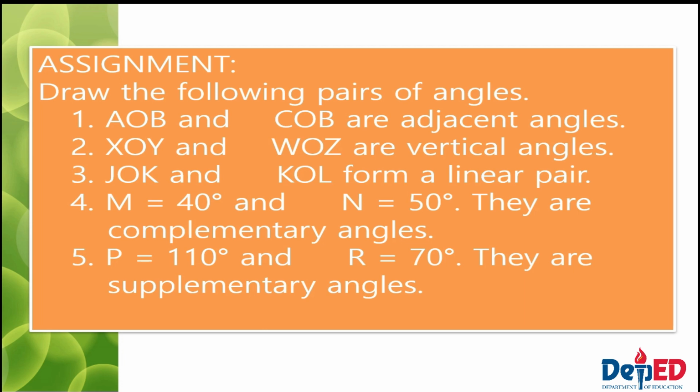Number 4, M is equal to 40 degrees and N is equal to 50 degrees. They are complementary angles. Number 5, E is equal to 110 degrees and R is equal to 70 degrees. And they are supplementary angles.